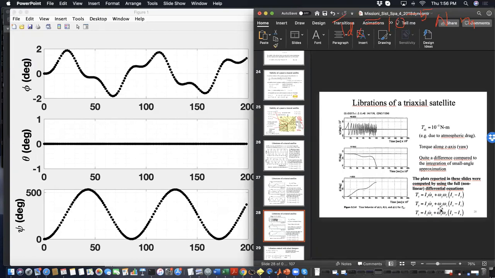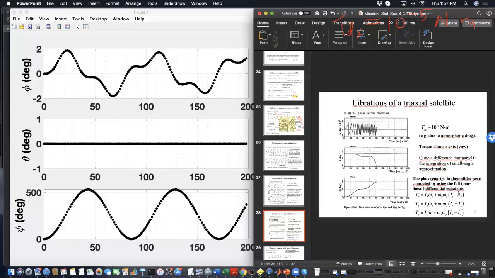And that's the reason why you're going to see that the phi angle will diverge and also theta, because if you use the full dynamical equations, the coupling for larger angles becomes important. And the yaw axis is not indeed diverging, as you can see from this simplistic approach, but actually is going to oscillate.